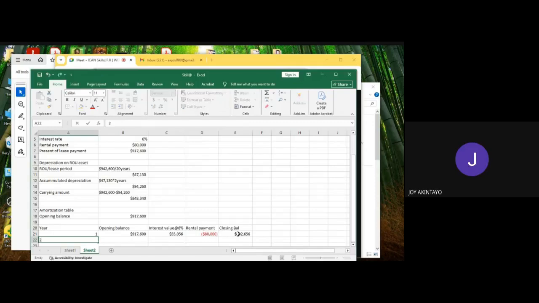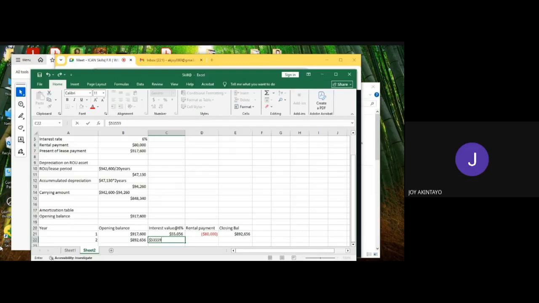So year two will just be depending on the number of years you are being asked. The closing balance last year will be the opening balance this year, yes or no? So what's 6% on this? 53,559.36.